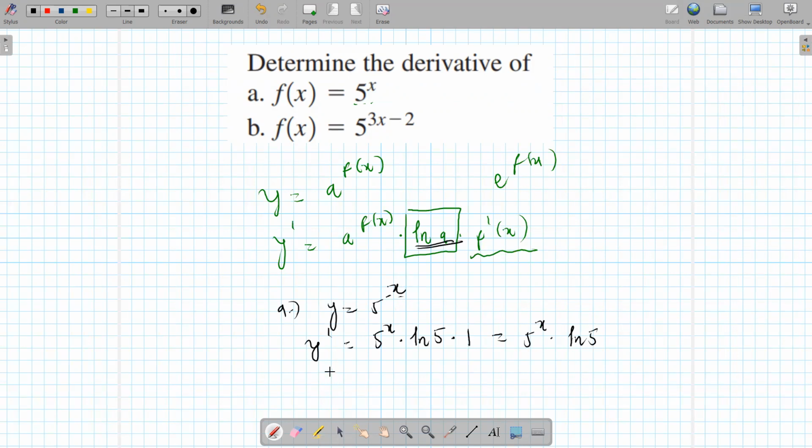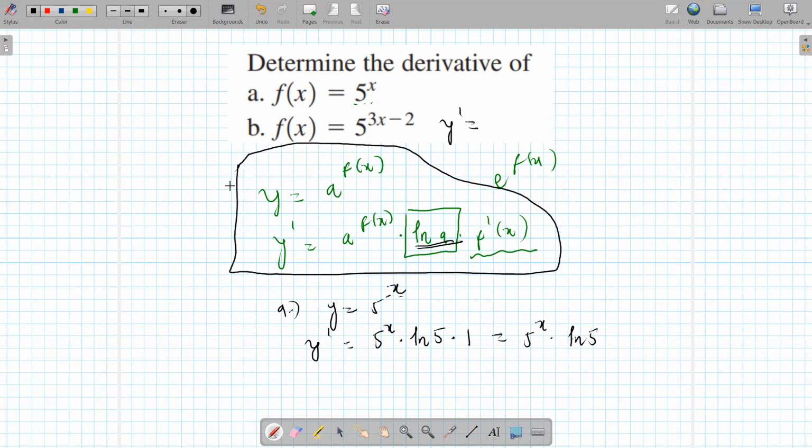Using this idea, what would be the derivative of b? This is the general formula for it. It is going to be itself, right? A to the f of x just drops as it is.